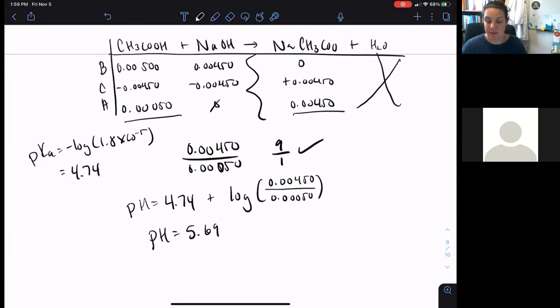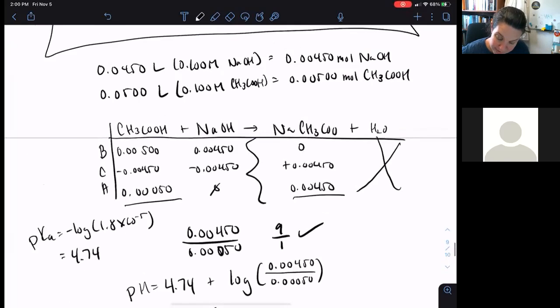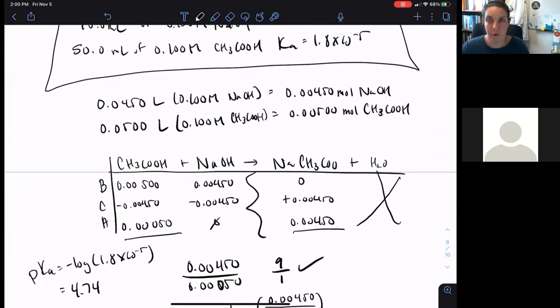So this is one of the more difficult places within a titration, which is why I wanted to point it out. The other one is probably actual equivalence. So at equivalence. Again, because these concentrations are the same, when their volumes are the same, we're at equivalence.